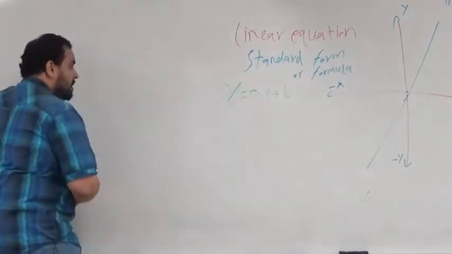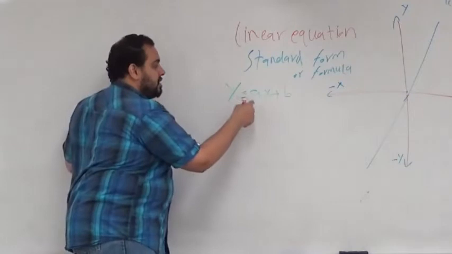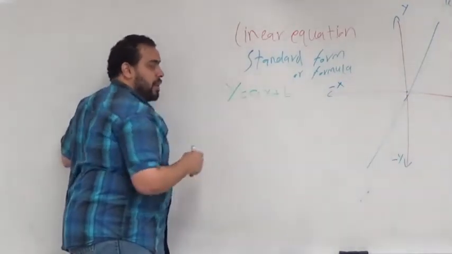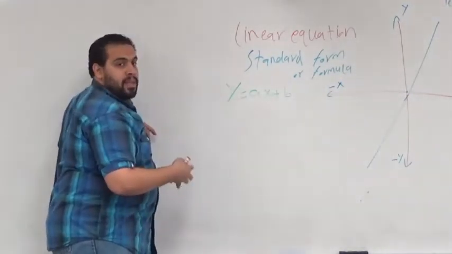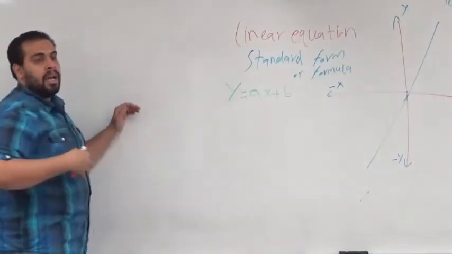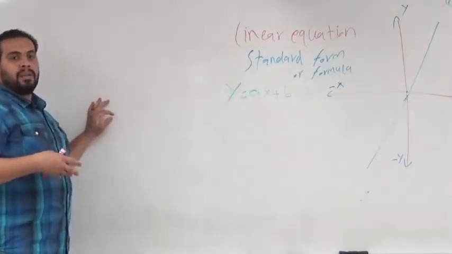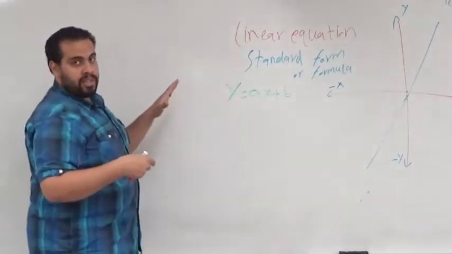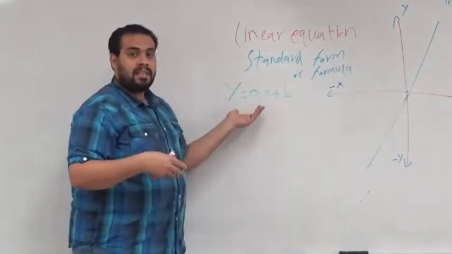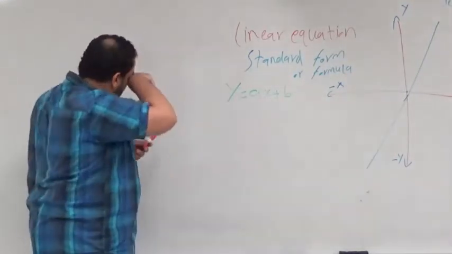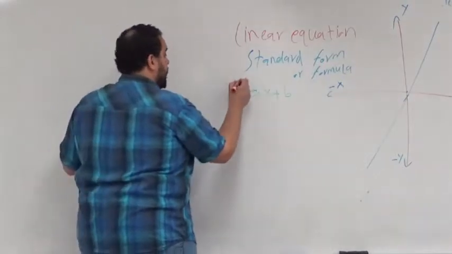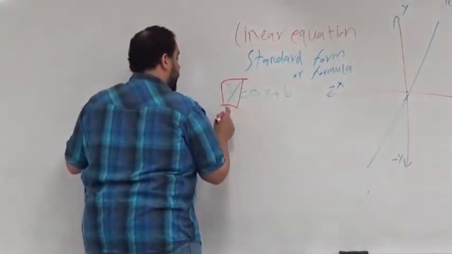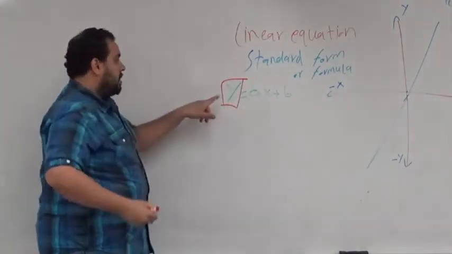We will define each single thing in this equation, to know what this means when I see it. It's not just there for the sake of nothing. It has a meaning. If we start with y, the first one here, we notice what? Y here is positive.